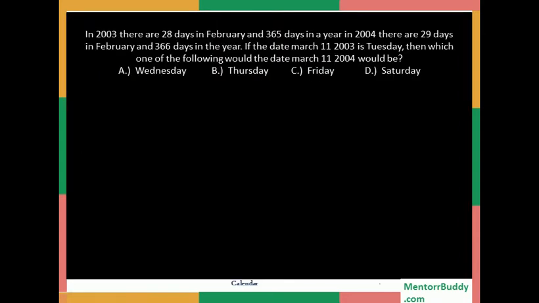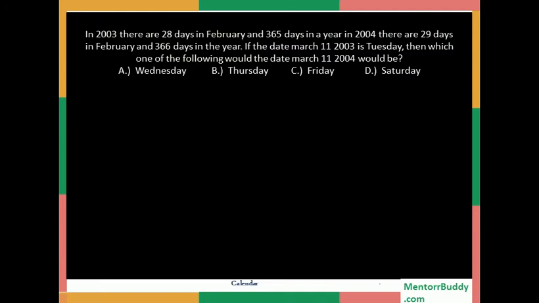Keeping the same thing in mind, let's solve another question. The question says, in the year 2003 there are 28 days in February and 365 days in the year. In 2004 there will be 29 days in February and 366 days in the year. So if March 11, 2003 is Tuesday, what will be the day on March 11, 2004?